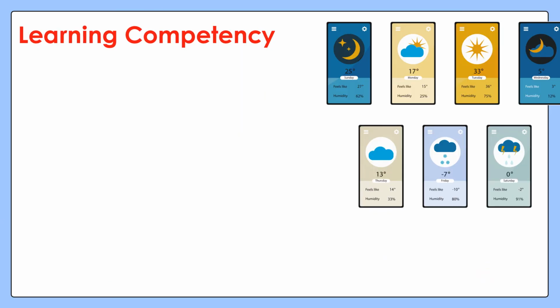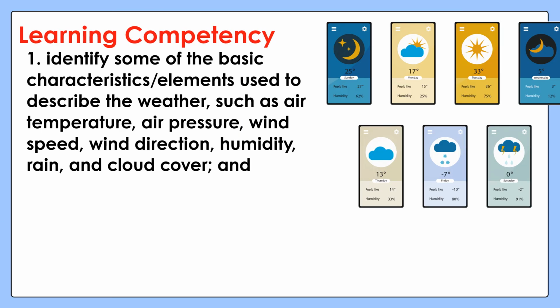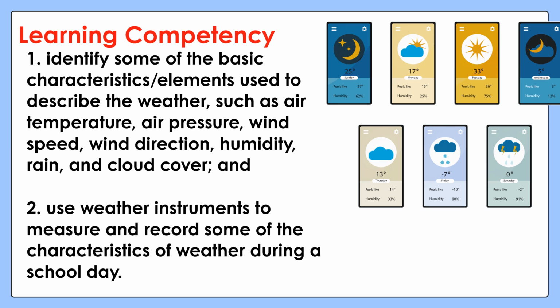Learning competencies and objectives. First, identify some of the basic characteristics or elements used to describe the weather, such as air temperature, air pressure, wind speed, wind direction, humidity, rain and cloud cover, and use weather instruments to measure and record some of the characteristics of weather during a school day.